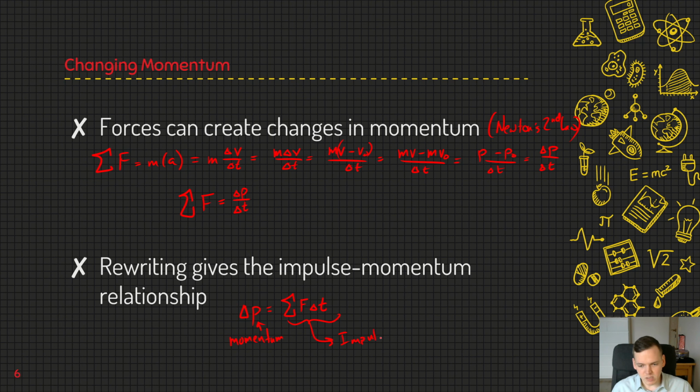So this quantity on the right is known as impulse. It's mathematically equal to a change in momentum, but it is technically a different thing.